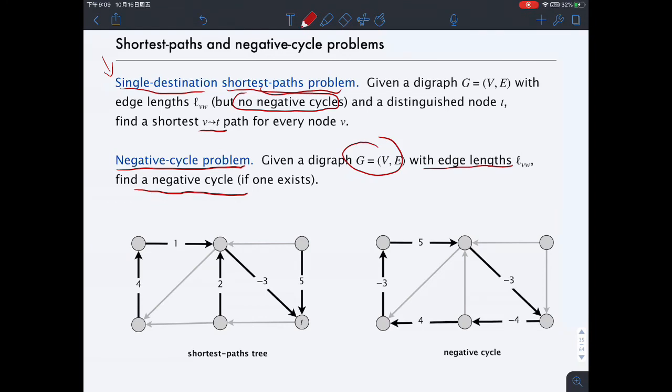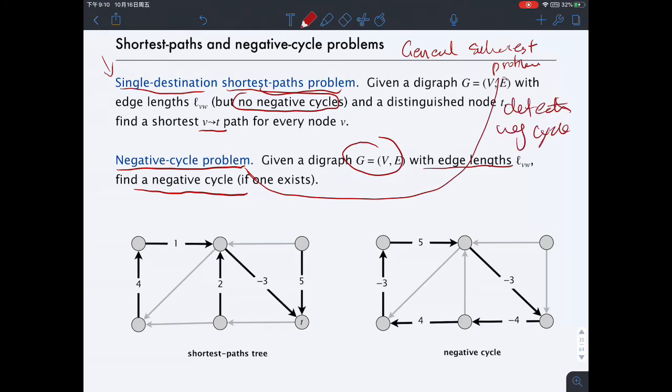They are interrelated in two ways. The first way is that if I really want to solve the general shortest path problem, then what I need to do is first detect the negative cycle. After I detect the negative cycle, I need to check whether the problem is well defined.